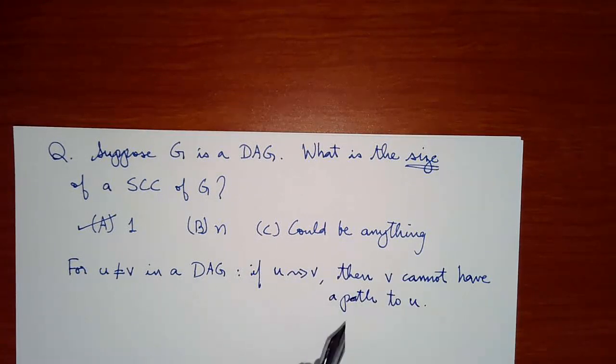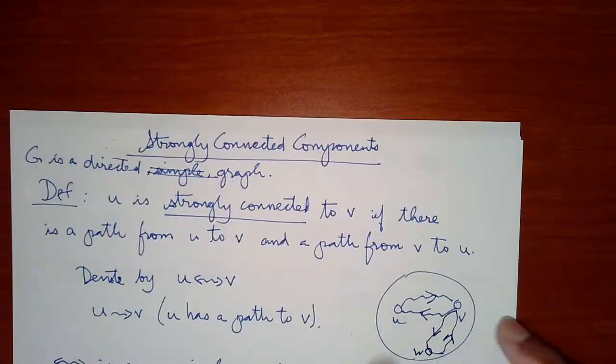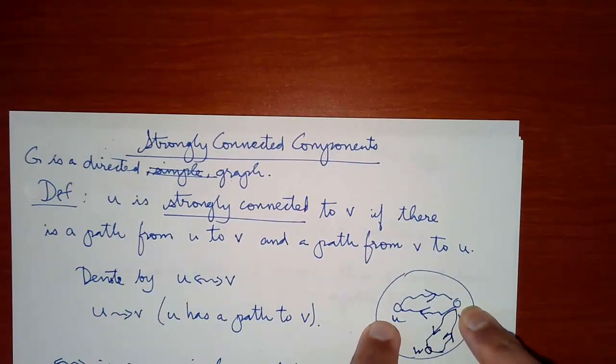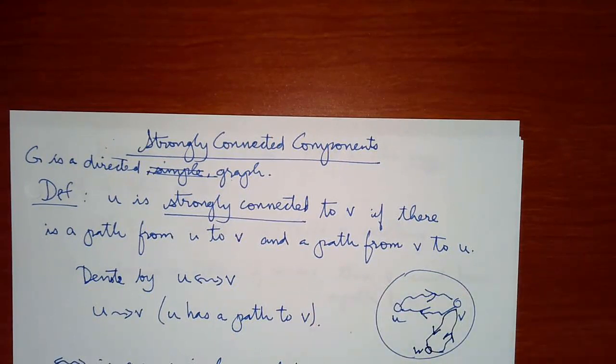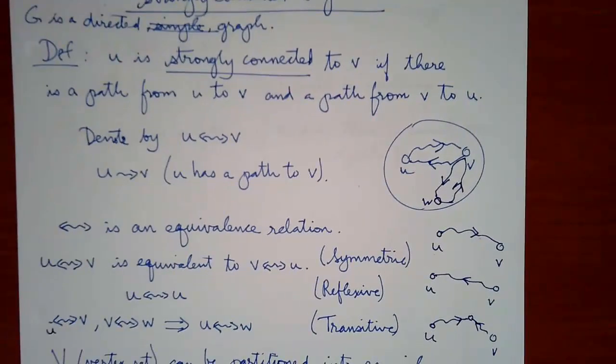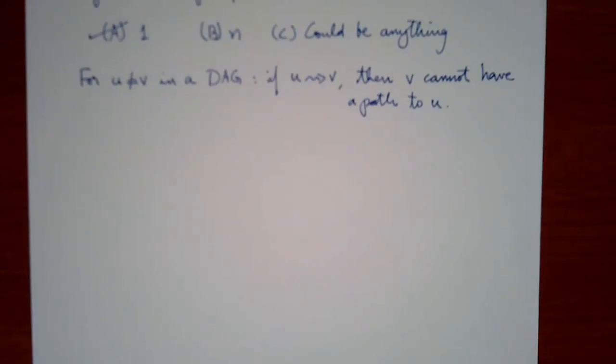Otherwise, it would form a cycle. Remember, when u is strongly connected to v, there is a cycle that connects both u and v. But if G is a DAG, there are no directed cycles. Hence the only strongly connected component is the trivial one, which is the singleton.